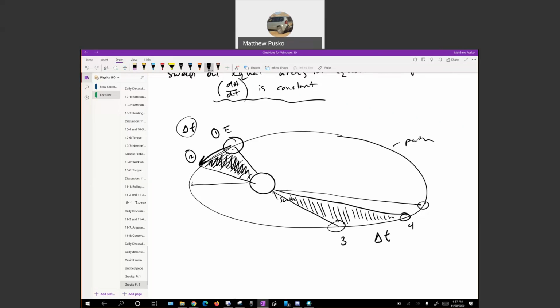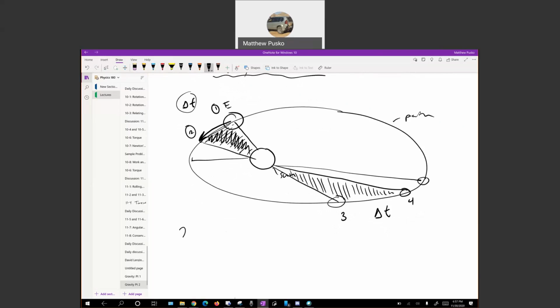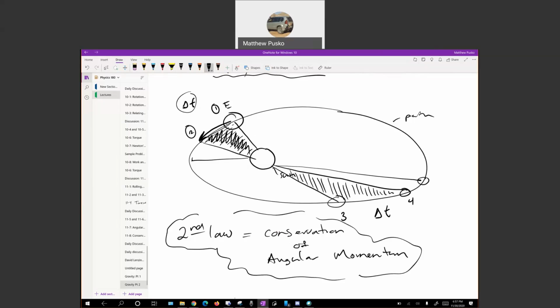From this, we can say that Kepler's second law is indeed equivalent to the conservation of angular momentum, which we just learned about, right? But you should probably remember it sweeps out equal areas in equal times.